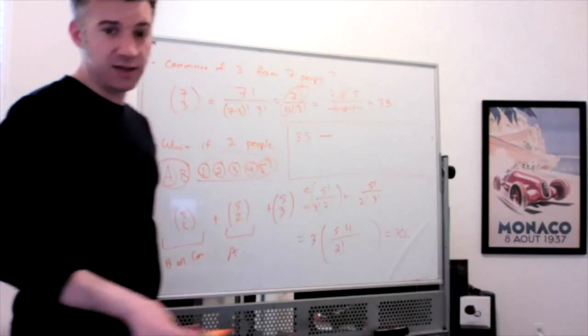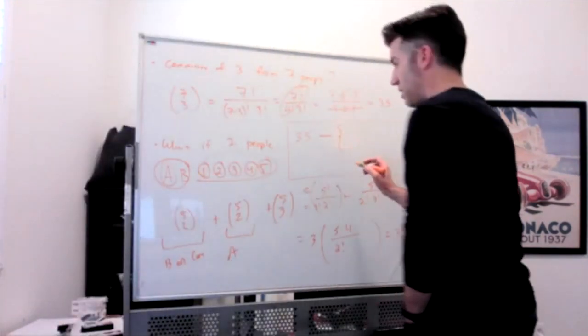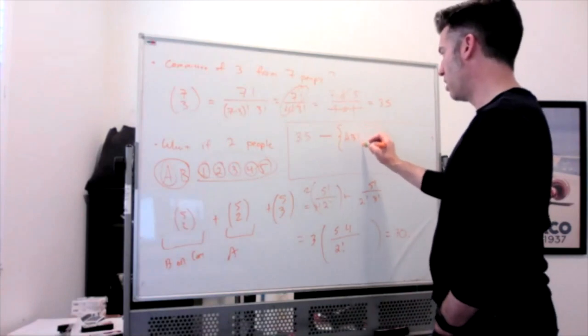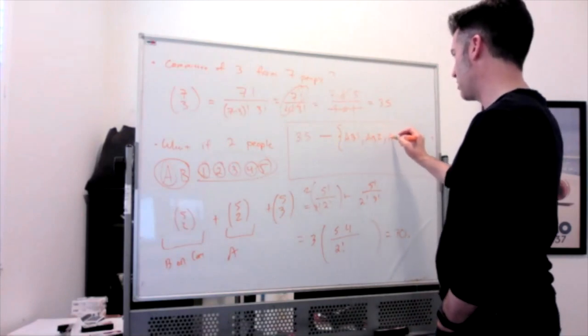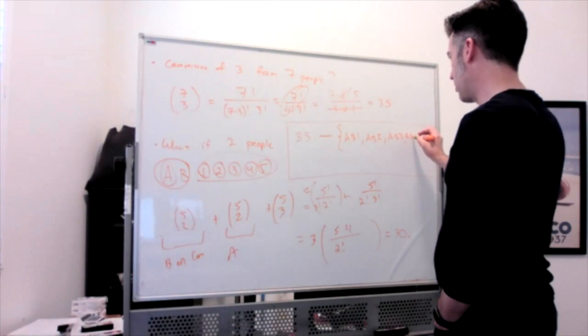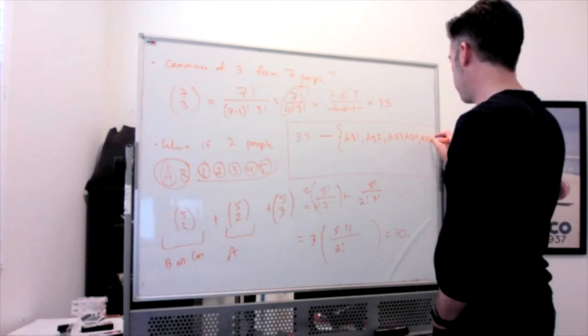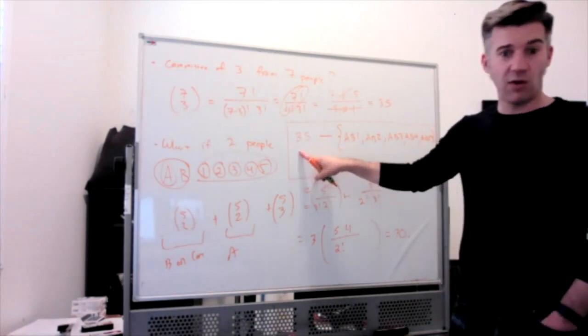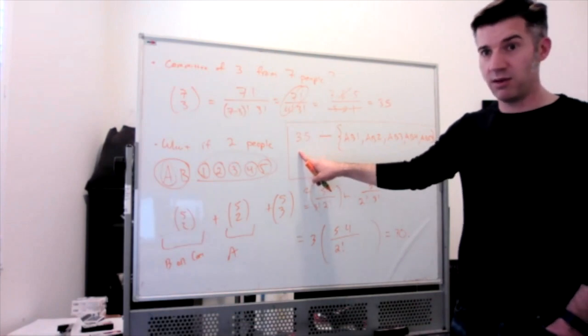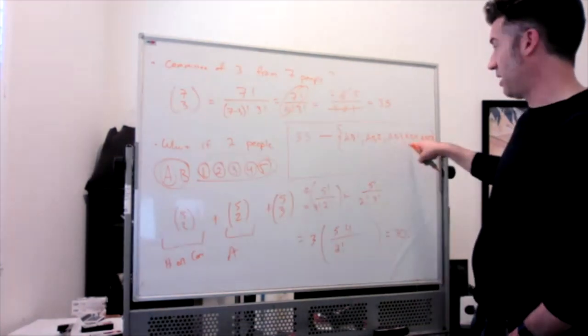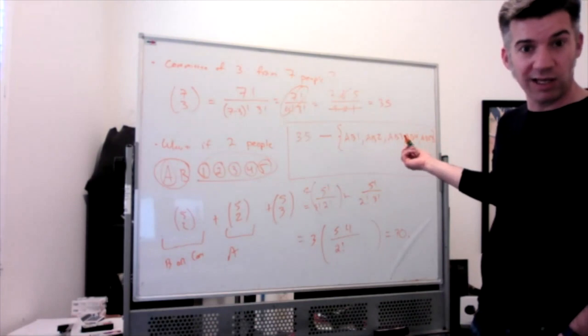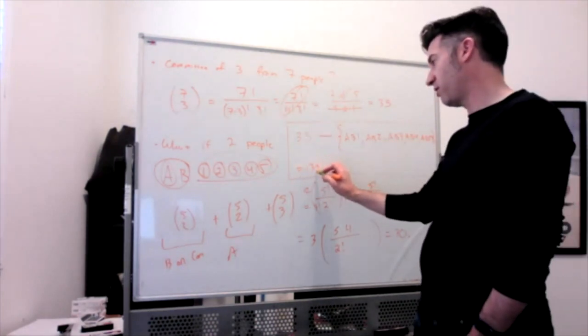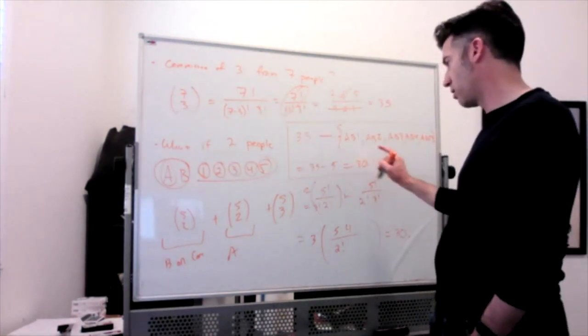So there's 5 ways I can do that, right? There's the set containing AB1, AB2, AB3, AB4, AB5. I'm taking my 35 total committees of 3 people out of 7, and I'm subtracting off the 5 that I don't want because persons A and B don't like each other. Well, 35 minus 5 is also 30.